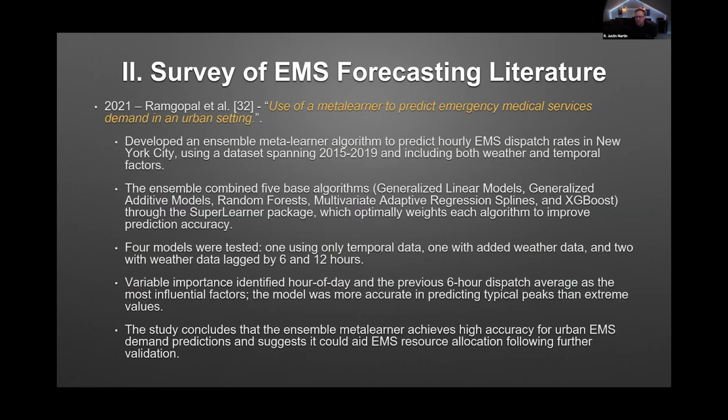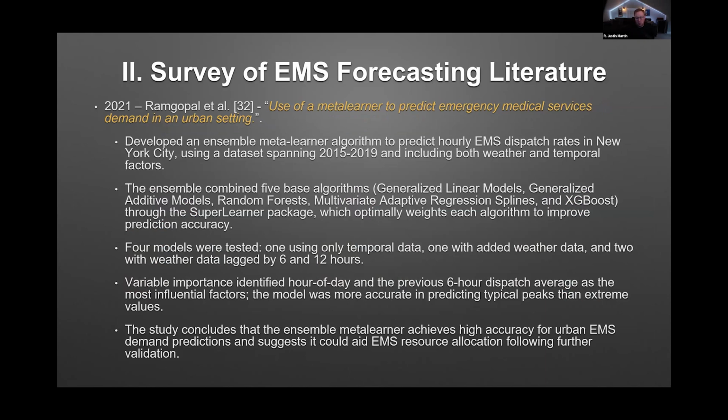And then coming up to the last study here that we have included in this discussion, this group used what they call a meta learner algorithm, but it was essentially an ensemble of different algorithms to predict hourly EMS rates in New York City using a data set that also included weather factors.